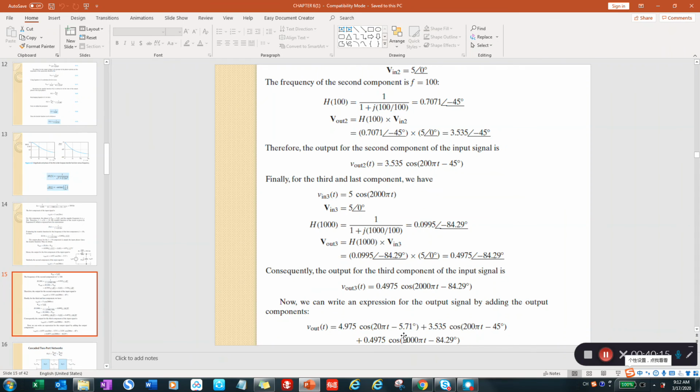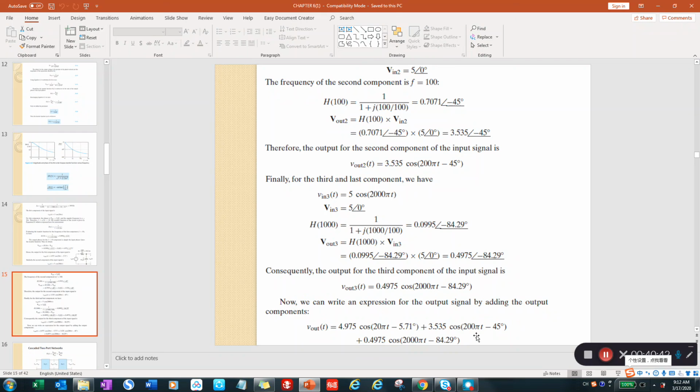If we combine everything we have calculated, you can see the output signal will be the combination of the three output components for the input signal, based on their different frequencies. If the frequency is 10, most of the signal will pass through. The amplitude is 0.99, about 1. And if the frequency is 100, the amplitude is 0.7.